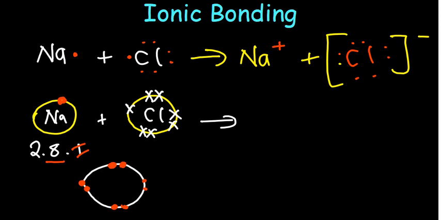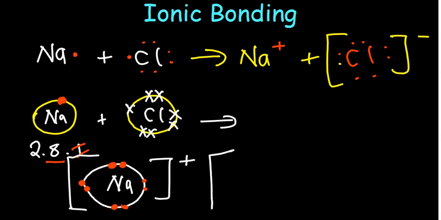So what is our sodium after? We can put it in brackets and put a positive charge to illustrate that we had lost an electron. Then I'll draw another bracket and put chlorine. Chlorine remains as it is, and I'll show the crosses there, which were 7.